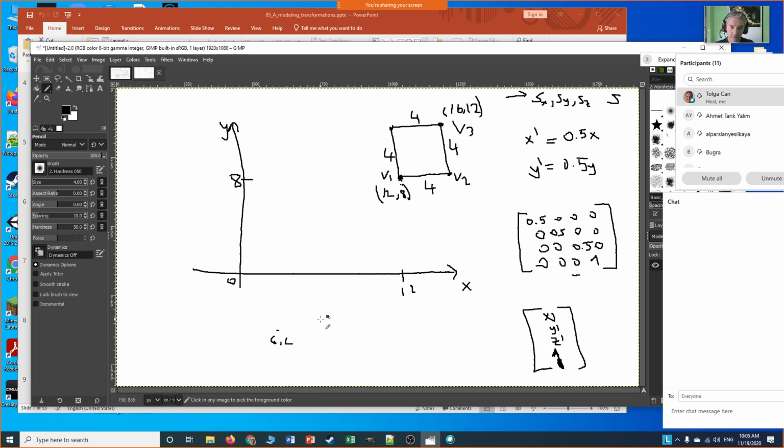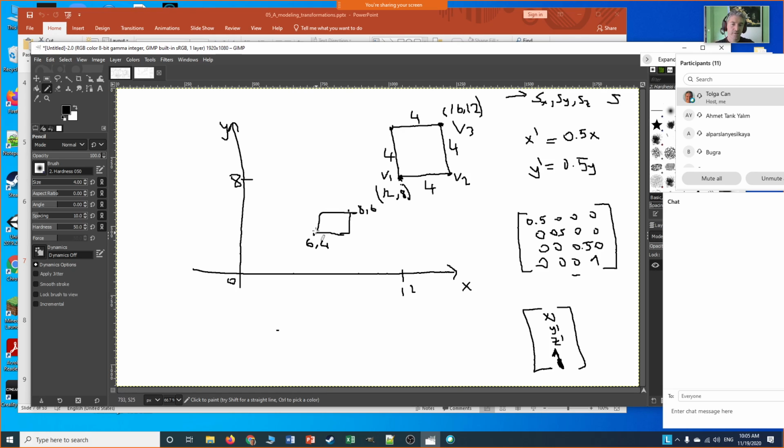Okay, 6, 4 is not here, but where's 6, 4? 6 is somewhere here, 4 is somewhere here. So this is roughly where 6, 4 is. And V3 is going to be at 8, 6. This is where 8 is, 6 is somewhere here.